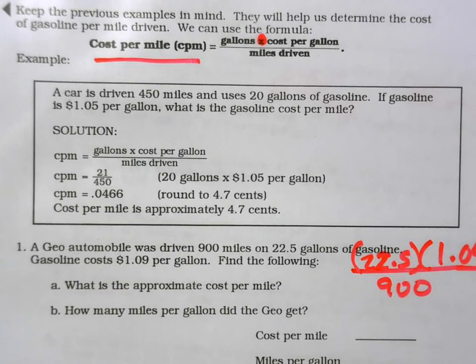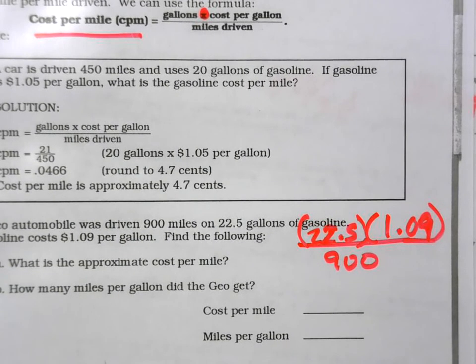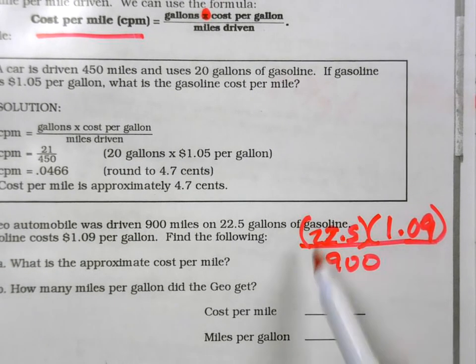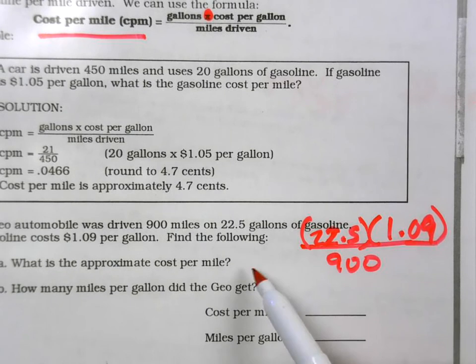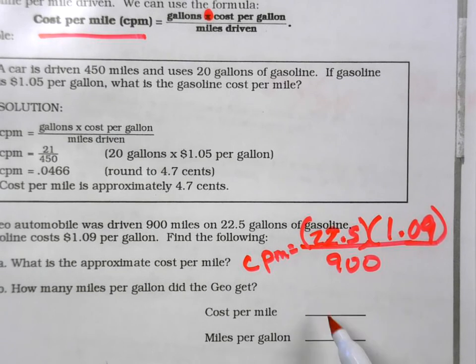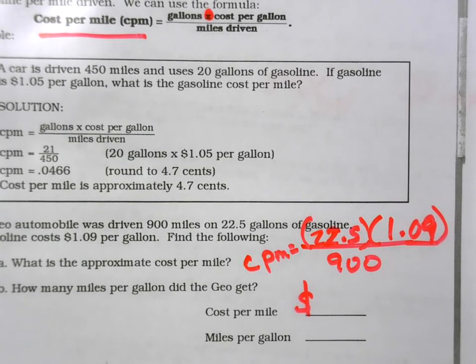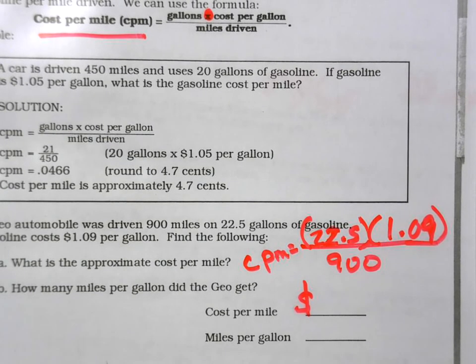This was back when gas prices had dropped and was cheap. So now we can put that in the calculator, and this is going to give us our cost per mile. Does anybody have a calculator? I don't have one up here anymore. Yeah, doing the math for me.